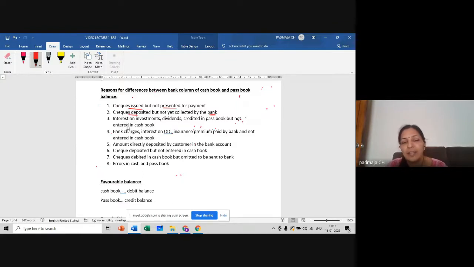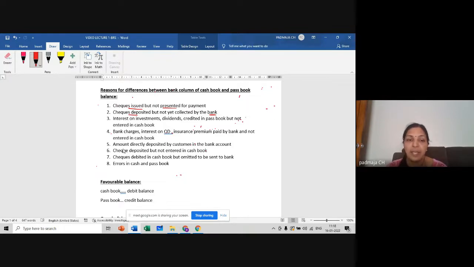Like interest on investments and dividends, which are credited in the passbook but are not entered in the cash book. In the same way, some payments directly made by the bank, like bank charges, interest on OD, and insurance premium paid by the bank, are not recorded in the cash book unless the passbook is updated or some intimation is given. The trader is not going to record them in the cash book.